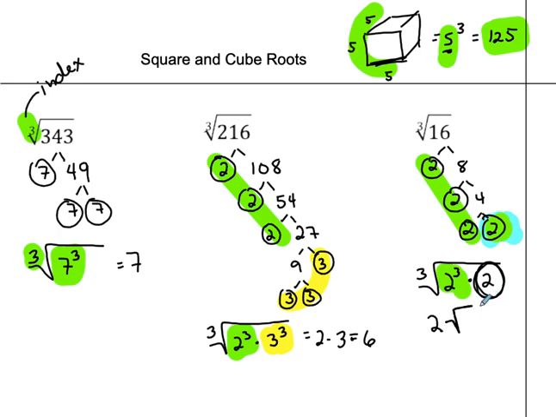So I can't take the cube root of that 2. I'm going to leave it written just as the cube root of 2. This one I can't simplify down as an integer anymore. So here my answer is 2 times the cube root of 2.